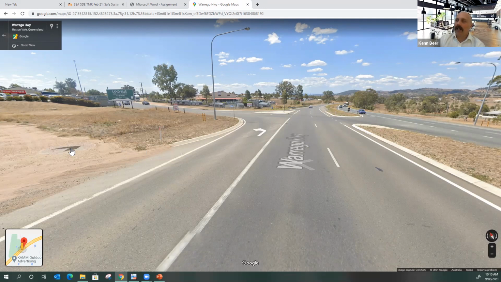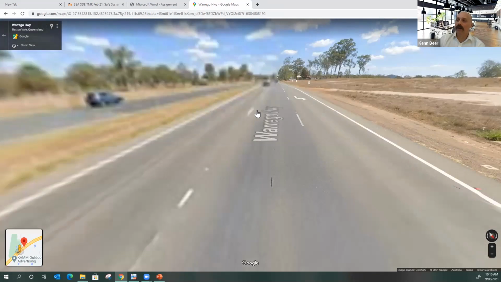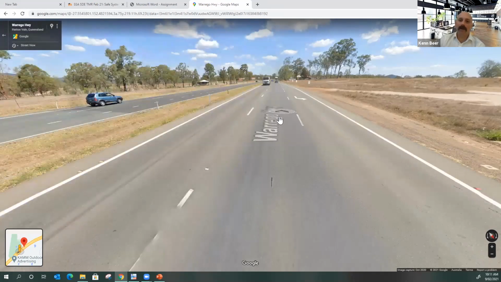When I look at run-off road crashes, let's swing around, shall we? So now we're talking about run-off road. The things that are going to influence the likelihood of run-off road. The fact that it's a fairly straight alignment reduces the likelihood.